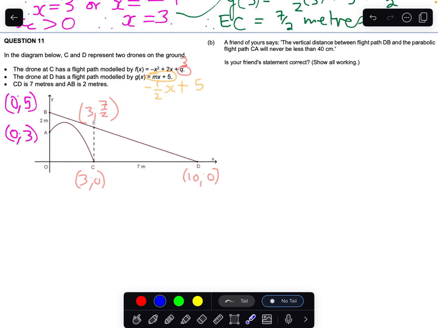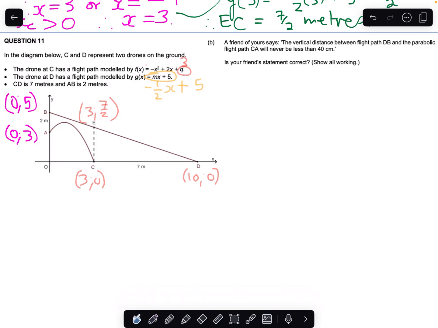Either way, it doesn't matter because the parabola is going to go down, the straight line will keep going up, so it doesn't even matter what domain we're looking at. So I'm not going to restrict that up front either.